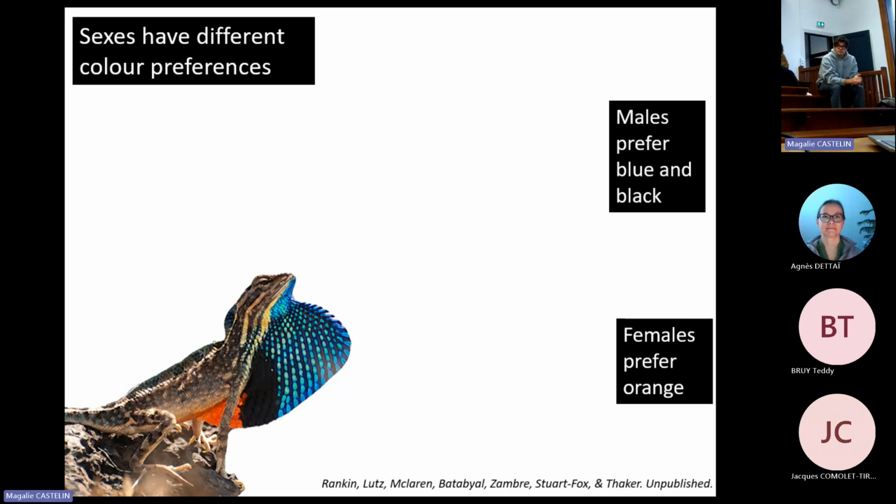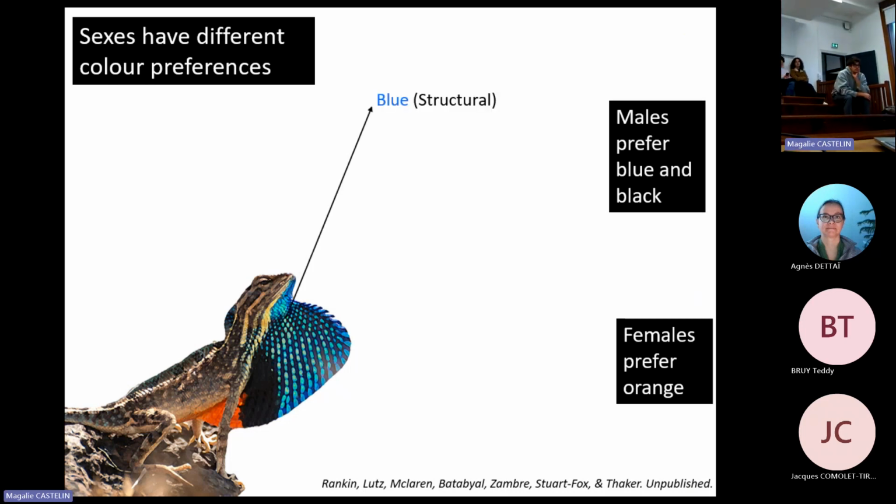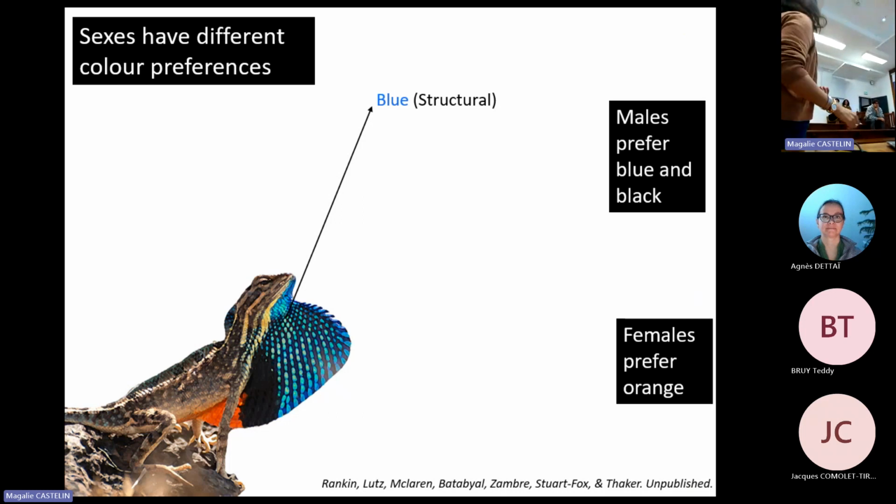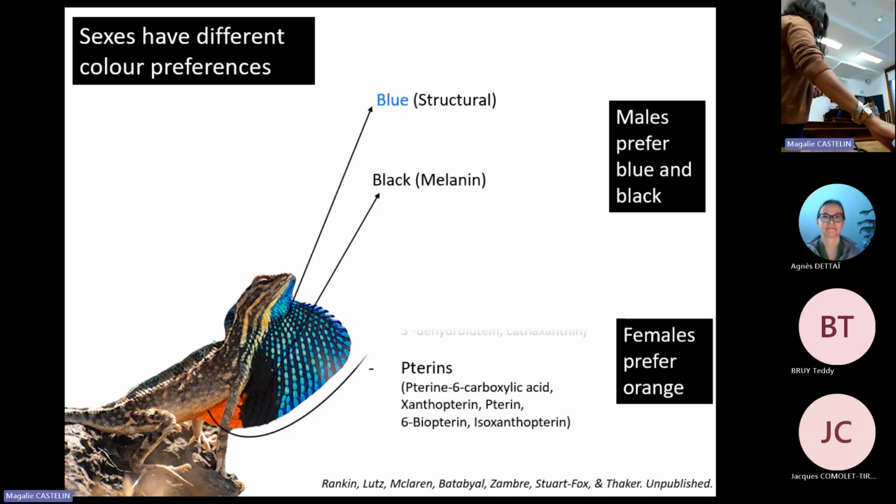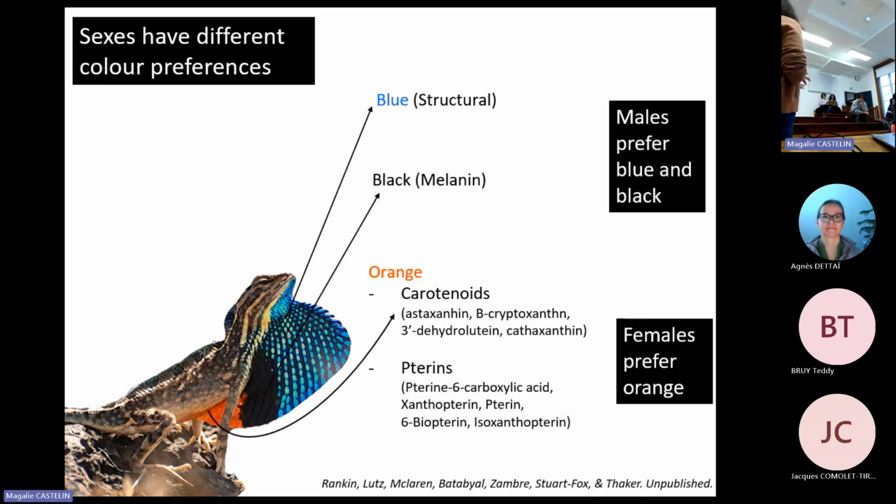So now again, if we go back to that idea, if predators are shifting, or predators are changing competition, which shifts colors, what does that mean for them? Again, as a sidebar, how you make these colors is going to matter. Blue is structural, black is melanin, orange is a whole cocktail of carotenoids and terpenes.